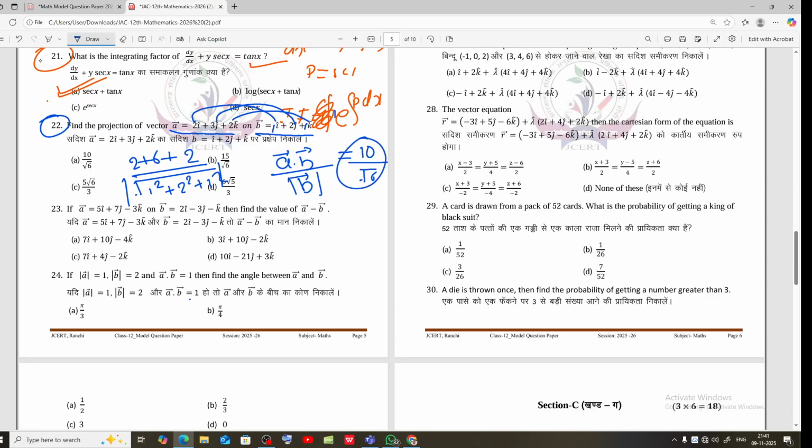Your answer is 10 by root 6. 10 by root 6 is the correct answer.